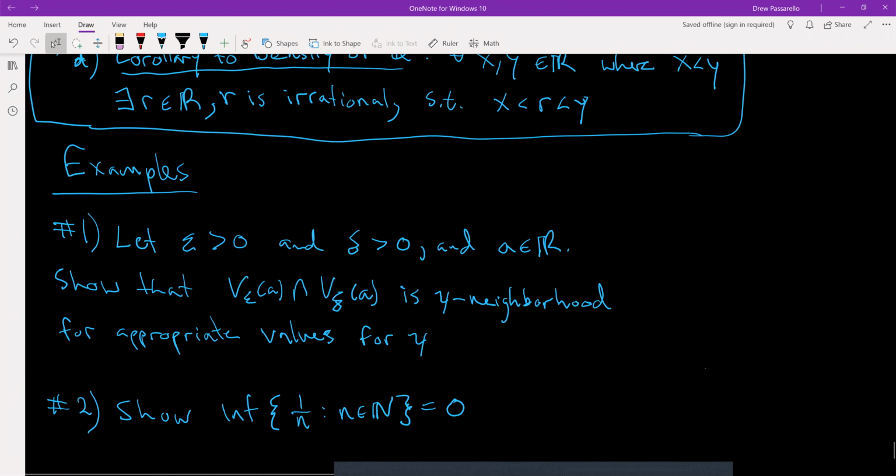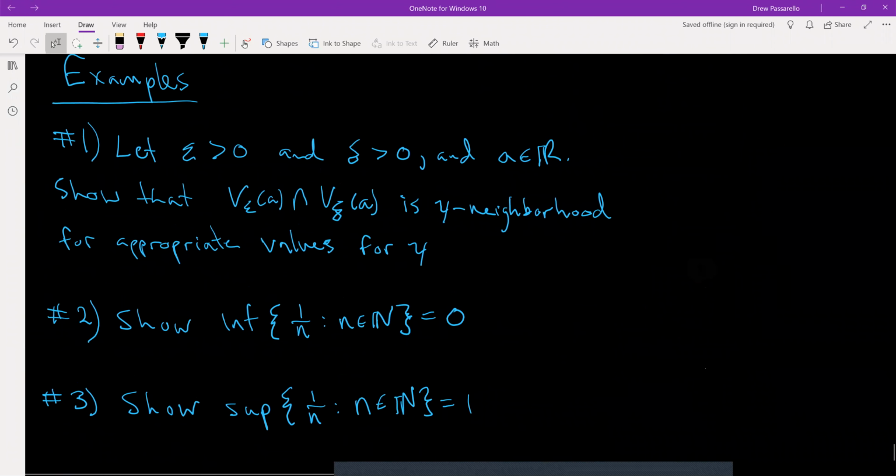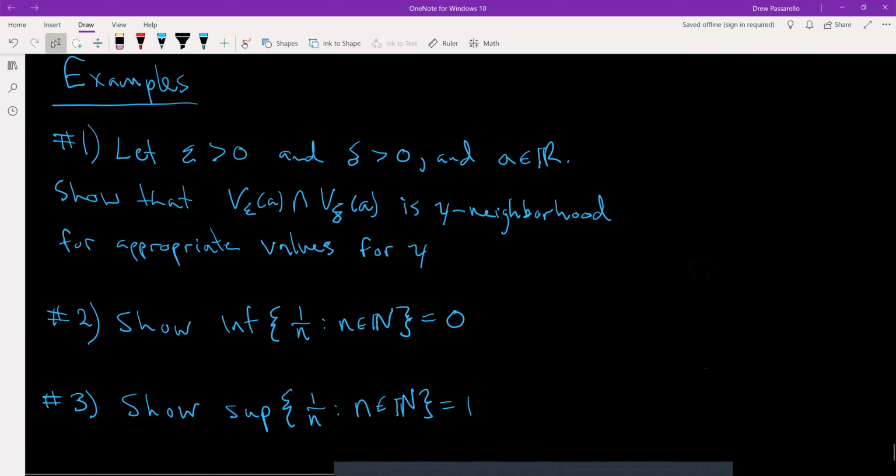Okay, so as far as examples, we're going to do these 3 examples. The first example says let epsilon be greater than 0 and delta be greater than 0 and a be some real number. Show that the intersection of the epsilon neighborhood and the delta neighborhood is another neighborhood, called a gamma neighborhood, for the appropriate value of gamma.